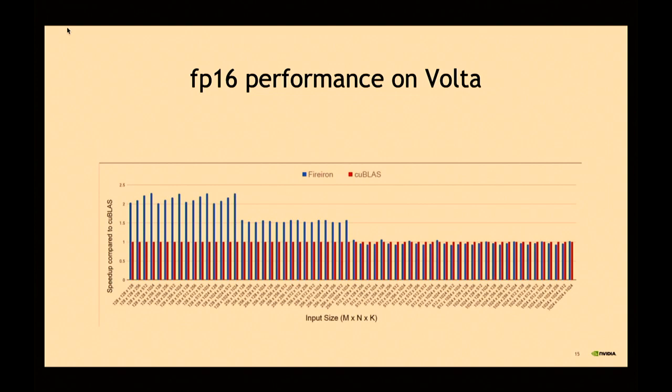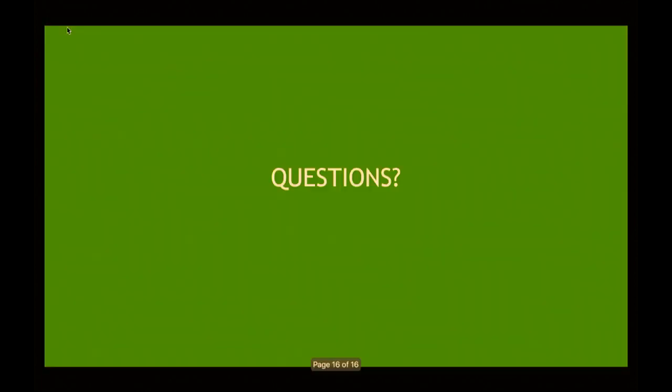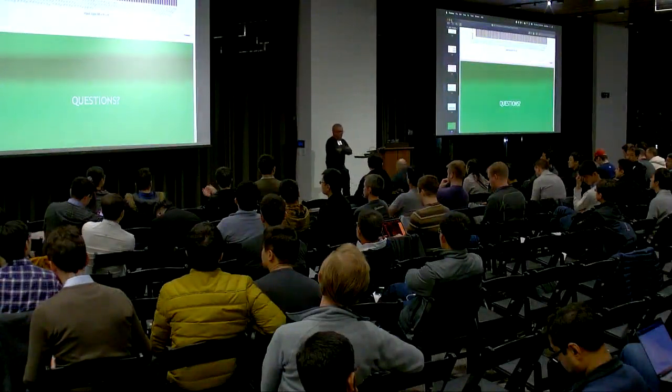On certain matrix sizes, we can go from 1.5x to 2.4x faster, and we can represent this automatically. With that, I don't have time for questions, but please see us after at the social. We'd be happy to answer any questions.